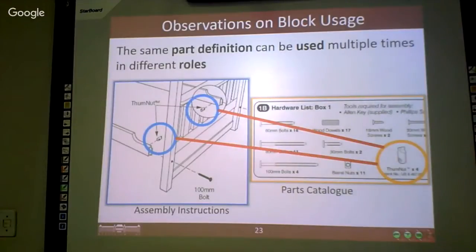You have to observe that the same part definition can be used multiple times. Here we have this, I don't really know what it is, but you can use it here and here. So it can be used in various places.